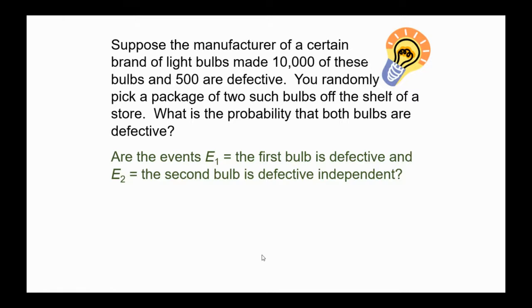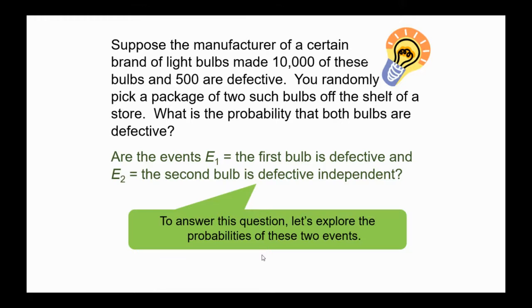So they ask us this question: are the events, E1 being the first light bulb is defective and E2 the second light bulb is defective, independent? They are, but let's build up to that. To answer this question, let's explore the probabilities of these 2 events.